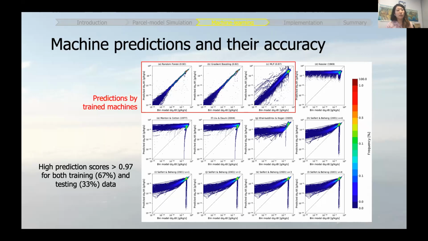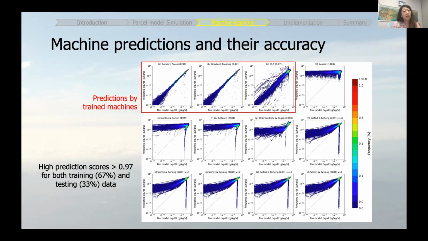And on the y-axis, we have dqr dt, the same variable predicted by the trained machine, having the structure of MLP. I'm showing the frequency distributions by colors. So you can see that the highest frequencies lie on the x equals y line, meaning that the trained machines were able to predict dqr dt very, very similarly to what's actually calculated by the BIM model.